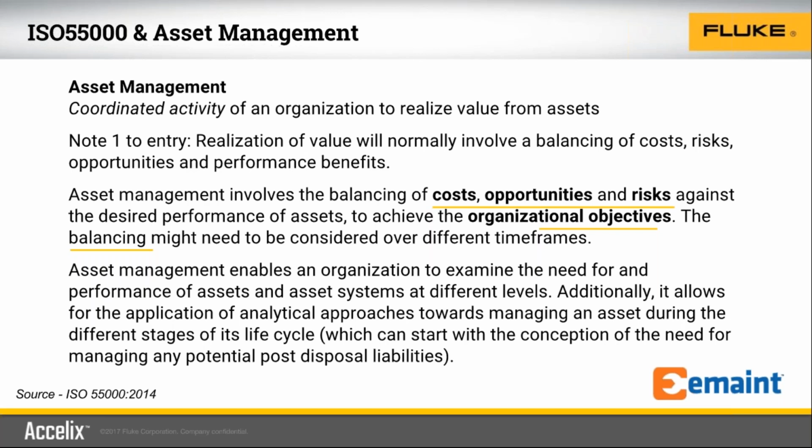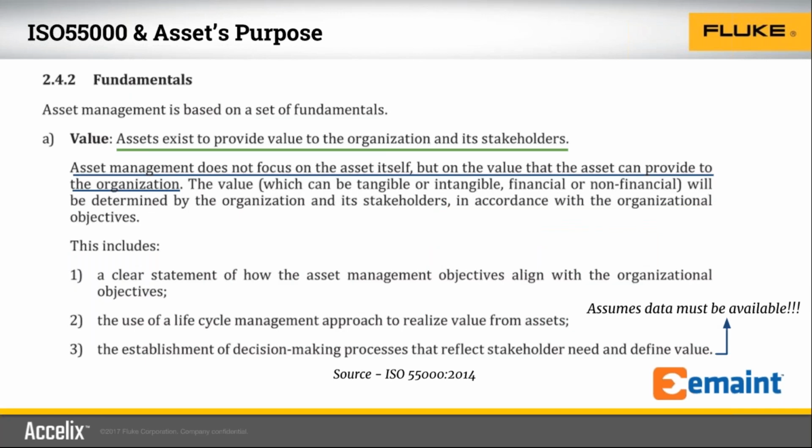So the themes throughout this presentation are going to be sourced at some of these first slides that I'm showing here. Also, assets exist to provide value to the organization and its stakeholders. The key point to take away from this slide is that asset management doesn't focus on the asset itself, what the asset is, but really on what the value of that asset is and how it could be provided to the stakeholders and to the organization to realize objectives.